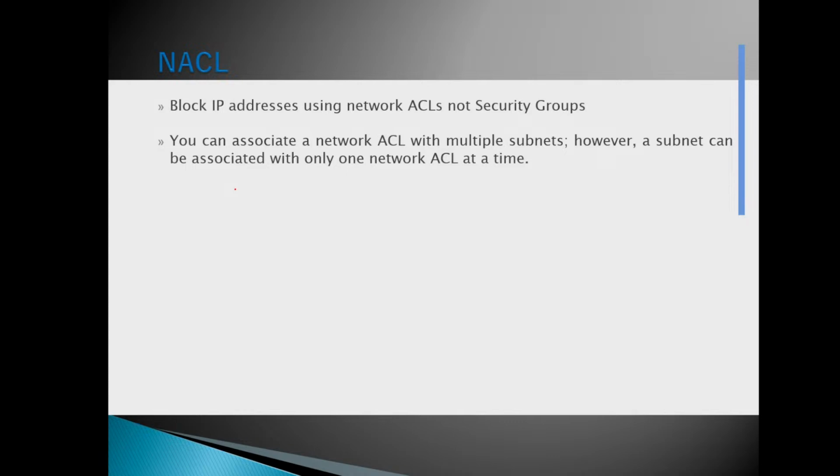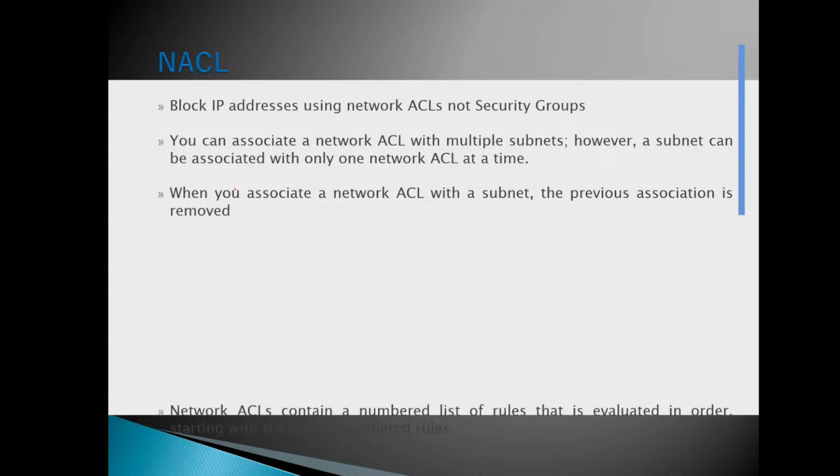You can have only one citizenship. A country can give citizenship to many people, but a person can only have one citizenship in India. When you associate a NACL with a subnet, the previous association is removed. मतलब अगर आपने NACL change किया तो पहले वाला हट जाएगा.